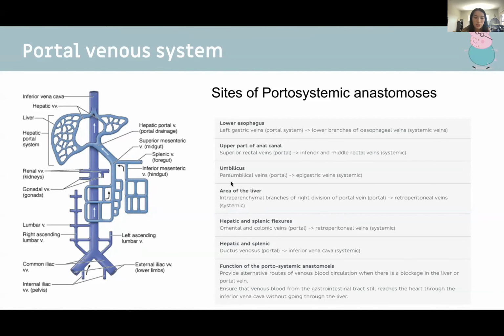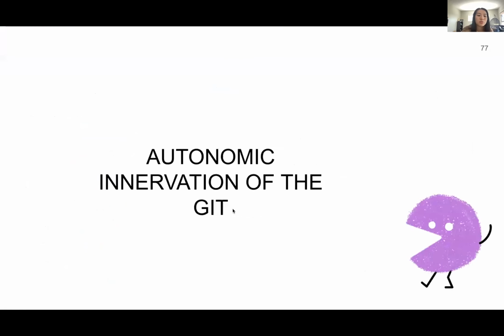And then these are the parts of the body where there is portosystemic anastomosis. This is not important, but it's a bit of extra info if you want to know. And this lower esophagus is important later on in year 3. This is what I was talking about: superior rectal veins and inferior and middle rectal veins. But all the other ones, don't bother looking at them. It's just extra information if you want. Okay, cool.